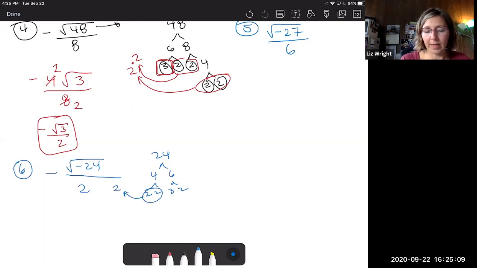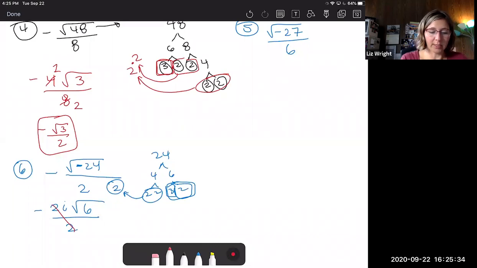One's going to come out of the radical to represent the pair. These 2 get left behind and get multiplied underneath the radical. We also have a negative underneath the radical, so don't forget what that means we need to do. So I've got negative 2i square root of 6, because I'm multiplying these together. And then it's going to go all over 2. Don't forget to reduce. So we're going to cross off the 2's.